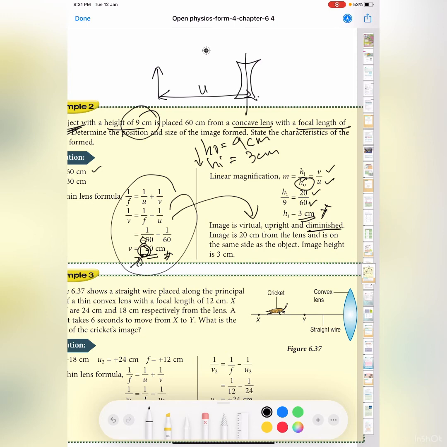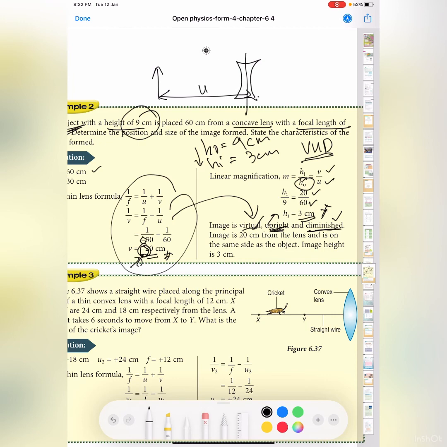And it's diminished. How do you know it is upright? Because of the rule I asked you to memorize on the characteristics: "real, inverted, magnified" for the convex, and "virtual, upright, diminished" for the concave. So you know it has to be virtual, diminished you already know, and the other characteristic should be upright.